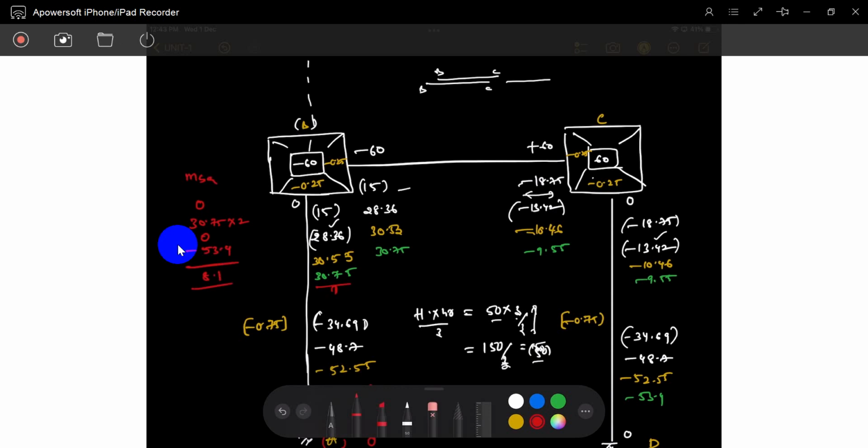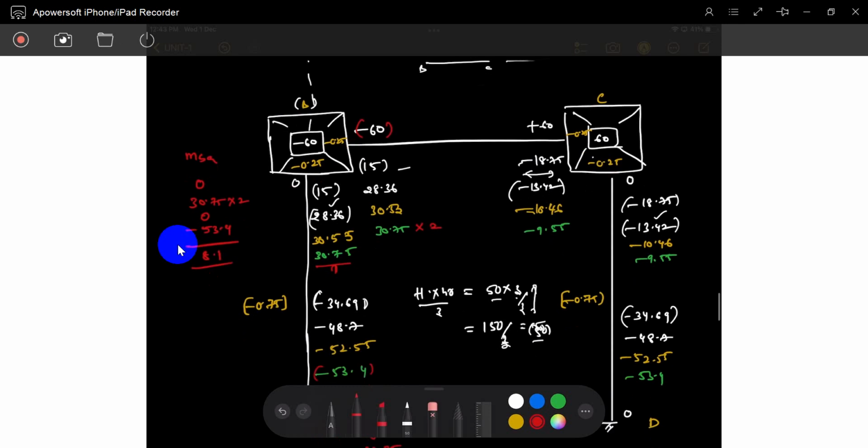MBC: now you can see the fixed end moment is 60. Rotational contribution is 30.75 times 2. Far end contribution is 9.55.